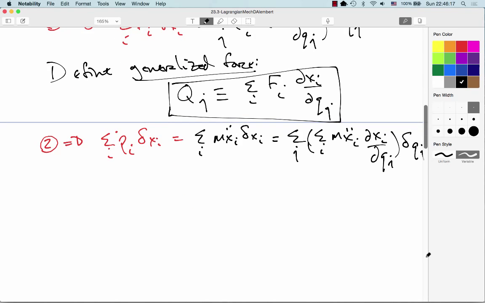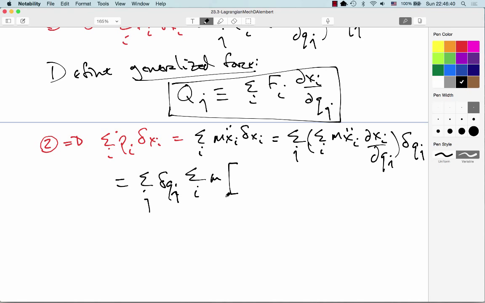So we can break that apart a little further. This will become sum over j. Let's put the virtual displacement out front, because that's not going to be the big deal here at the moment. Sum over i of m.